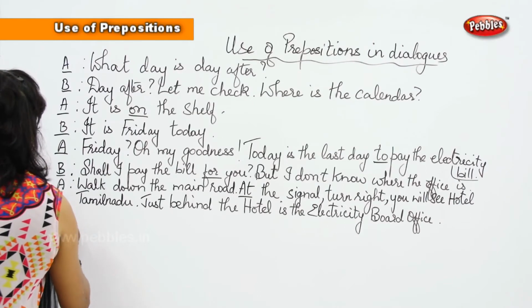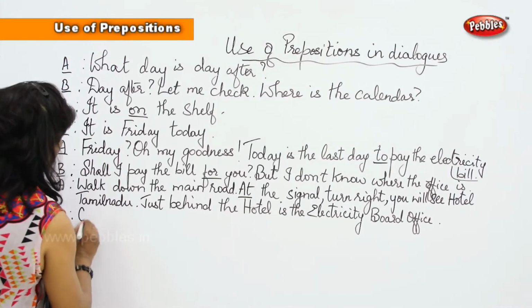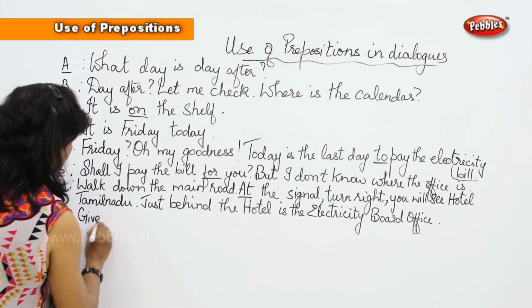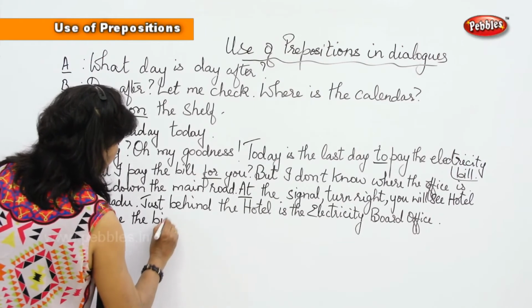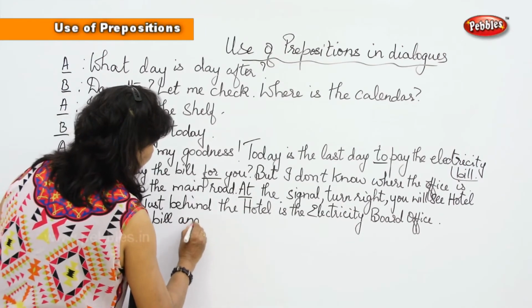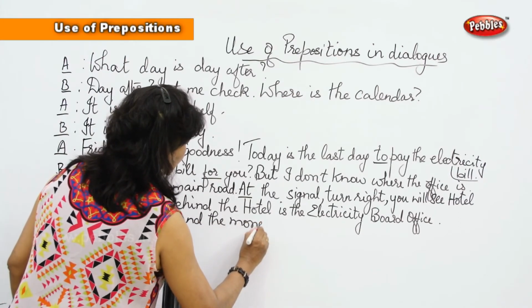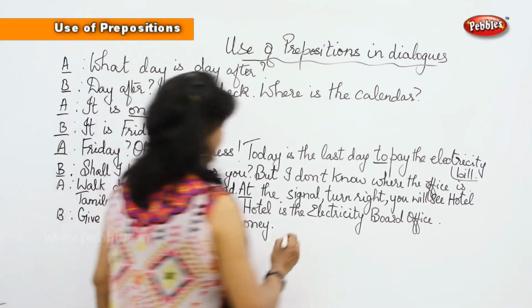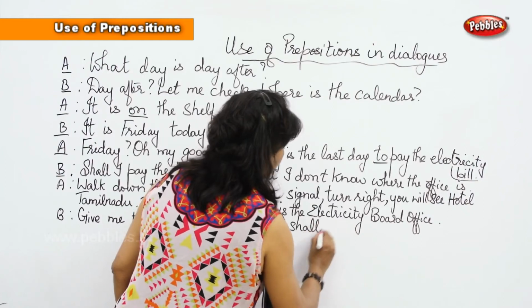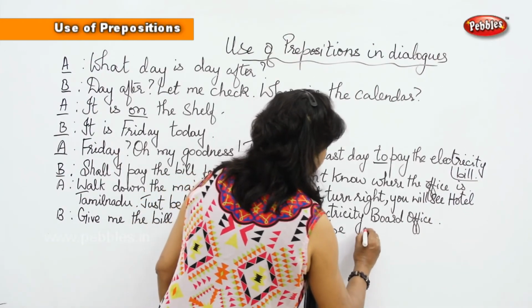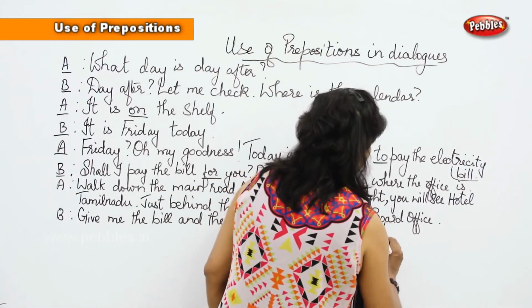B: Give me the bill and the money. I shall be back in a minute.